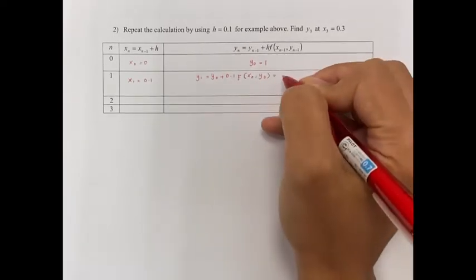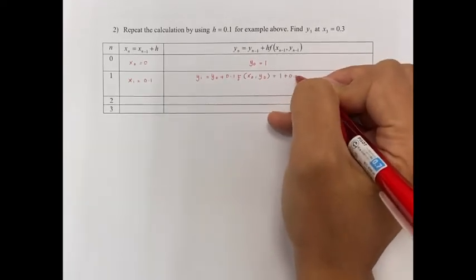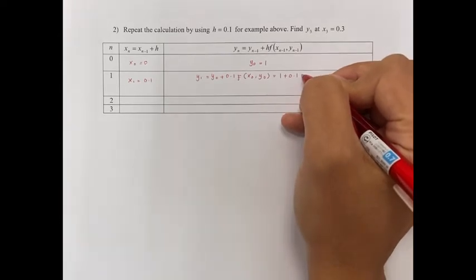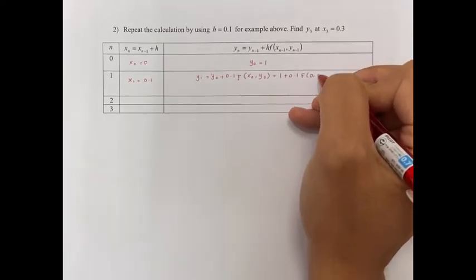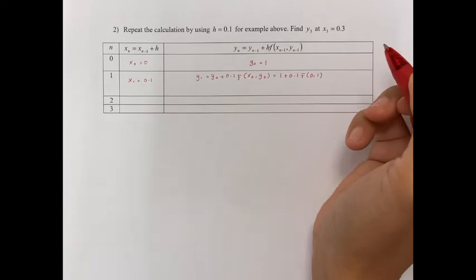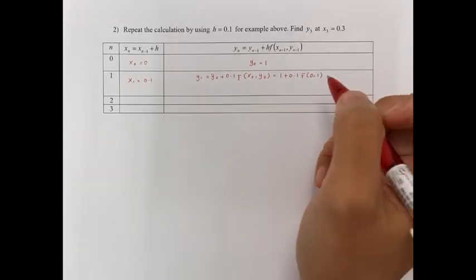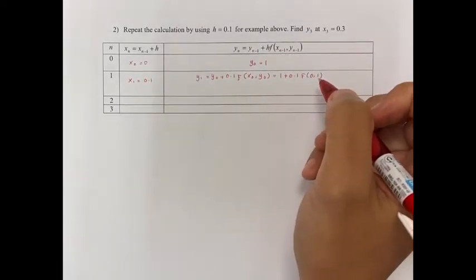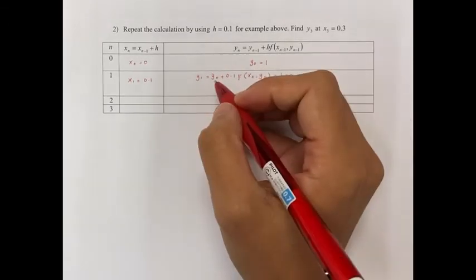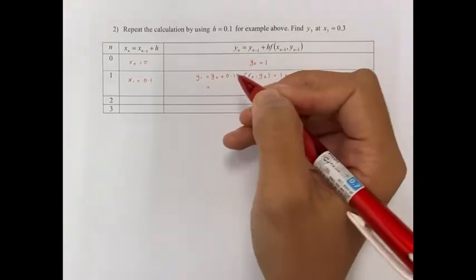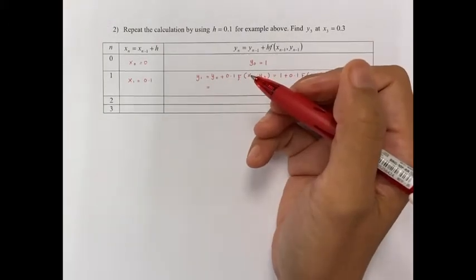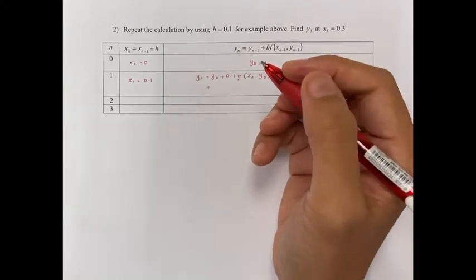Okay, for this you have 1 plus 0.1 f of 0, 1. Substitute the value for x and y, which is 0 and 1, into the same f(x, y), which is x cubed minus 2x plus 3.